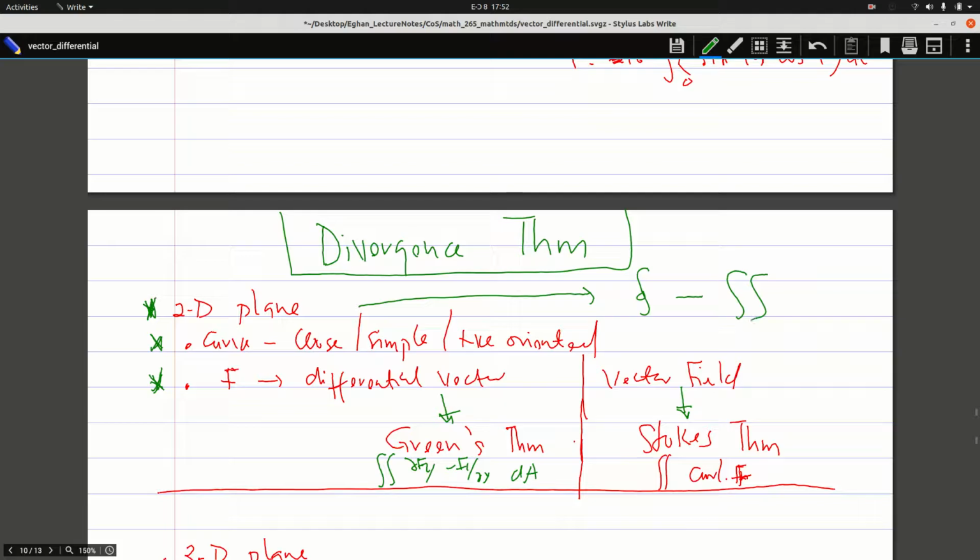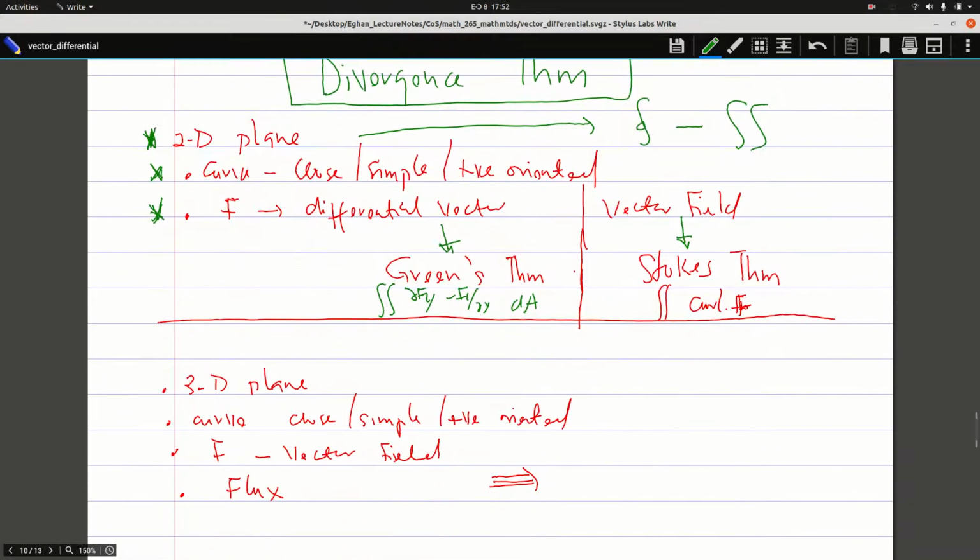Now, the divergence theorem, what are we looking out for? It mostly presents itself in a 3D plane. It means you have some x, y, z's. And the curve is also simple, closed, and positively oriented. Another thing to look at is the description of your f.